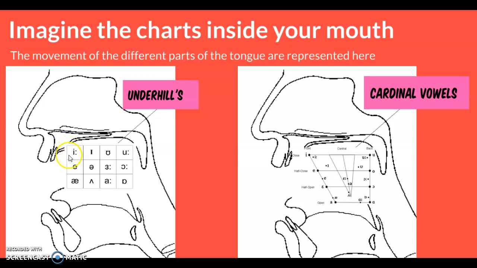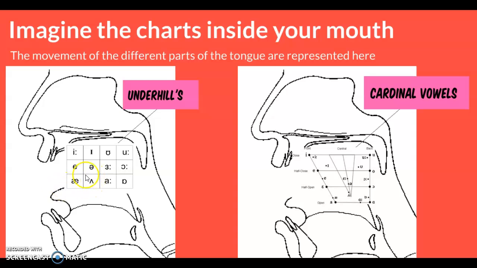So when we have this sound or this sound, the tongue and the different parts, because the tongue does not move in a fixed way, make this kind of movements, horizontal and vertical, in order to produce the sound.